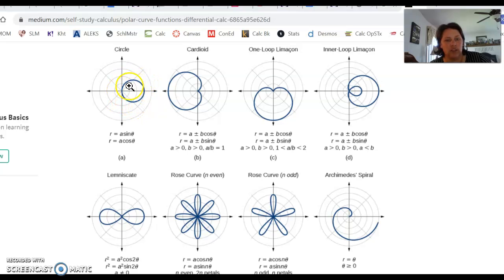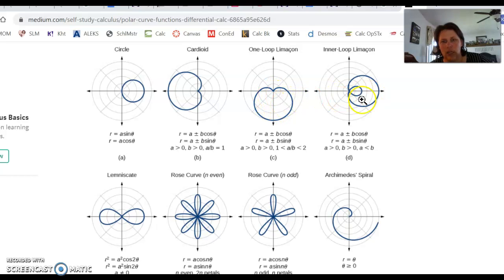So we've got a circle. We also have a cardioid. Now this cardioid is a circle that comes in a little bit, kind of has a heart-shaped top to it. And then a limacon. A limacon looks more like a lima bean. Depending on the equation, it can either have an open inside circle or more of a closed inside circle.